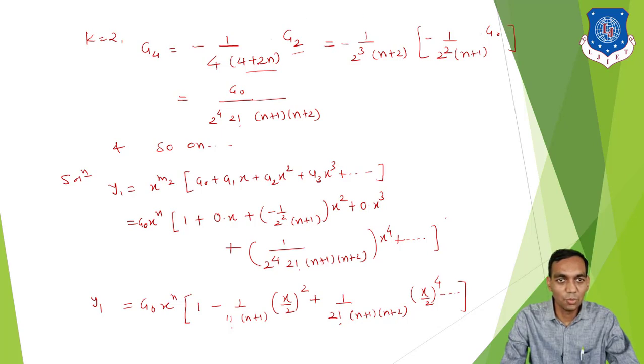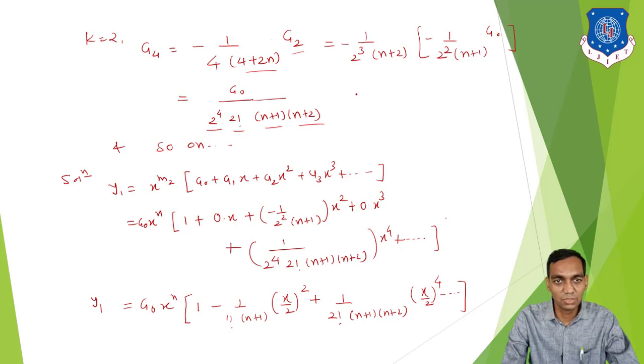If you common out 2 from this one, then you have minus 1 upon 2 cube into (n plus 2). If you simplify this, we separate it as 2 into 2, so 2 is multiplying here, that gives 2 raised to 4, and the other 2 can be written as 2 factorial, into (n plus 1)(n plus 2).